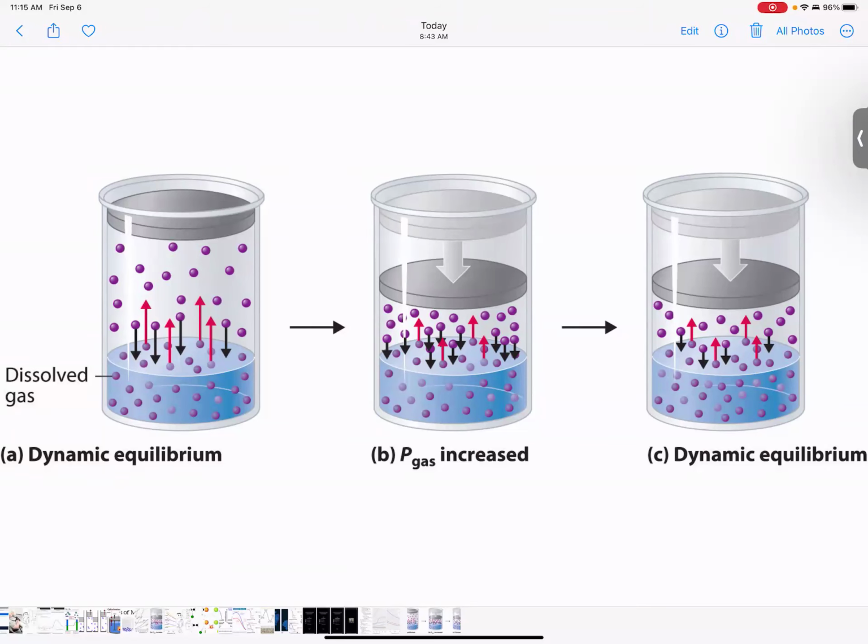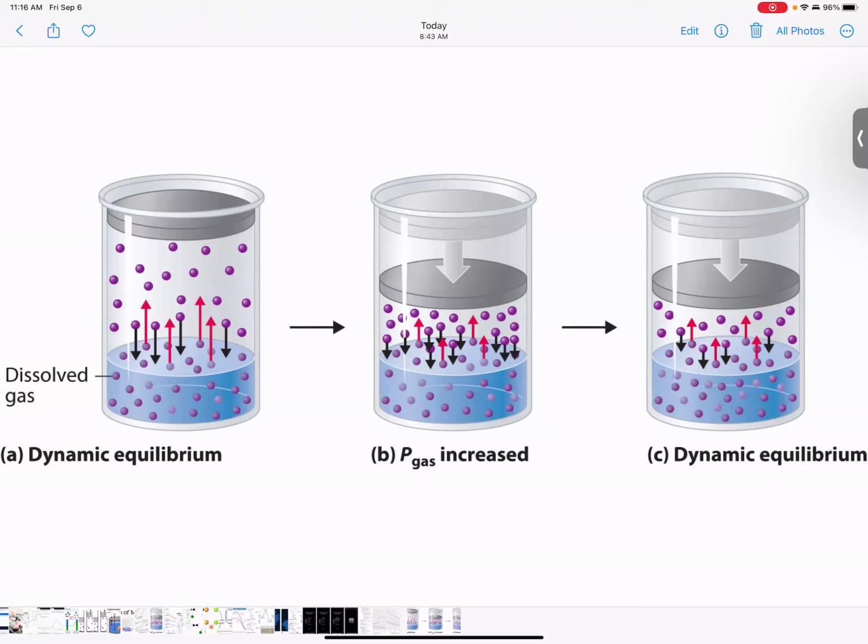They go back out of the liquid level. And so it's a dynamic equilibrium because the amount of gas entering the liquid level stays constant, while the amount of gas in the liquid that is escaping stays constant.